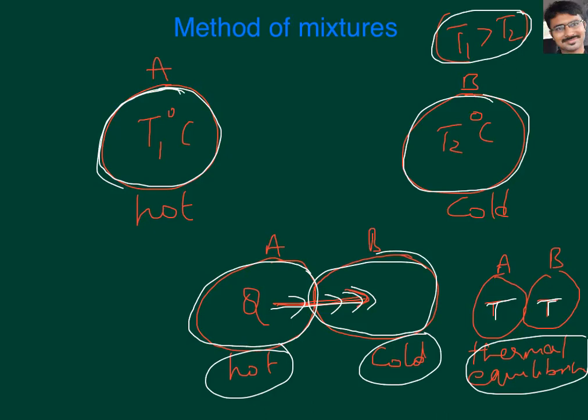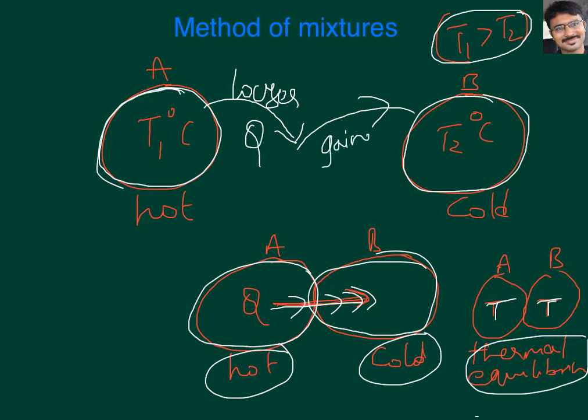What happens in this process is that the hot body loses some heat energy, and however much energy it loses, that energy is gained by the cold body. So the heat energy lost by the hot body is equal to the heat energy gained by the cold body.